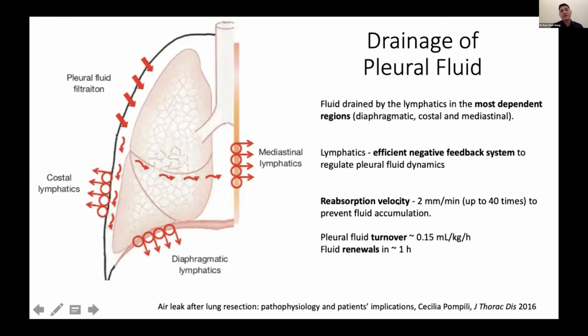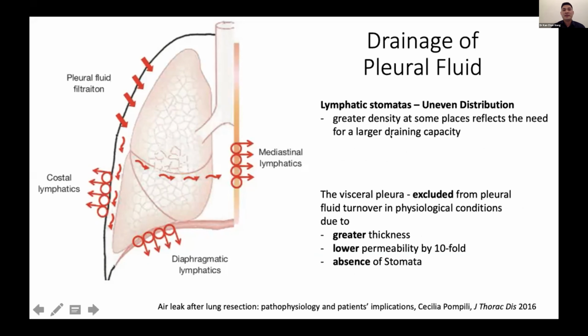Now, the reabsorption velocity is about 2 millimeters per minute, and it can increase up to 40 times to prevent fluid accumulation. Pleural fluid turnover is about 0.15 mL per kilogram per hour, and in every hour, the pleural fluid is being renewed.